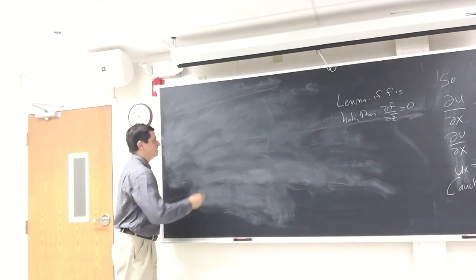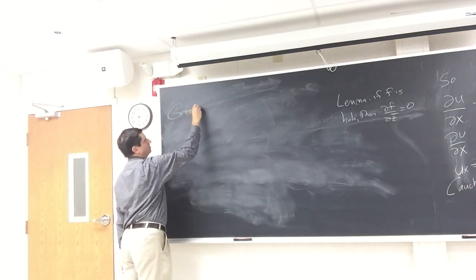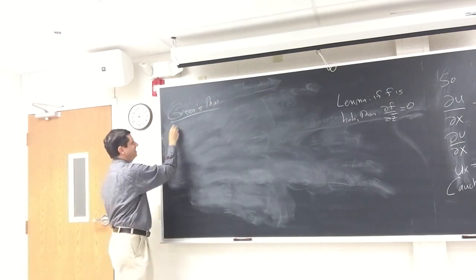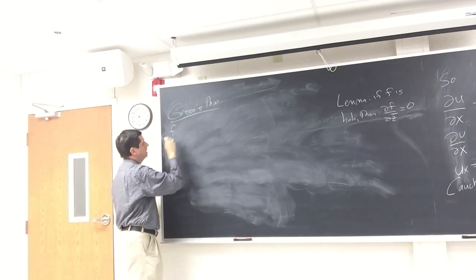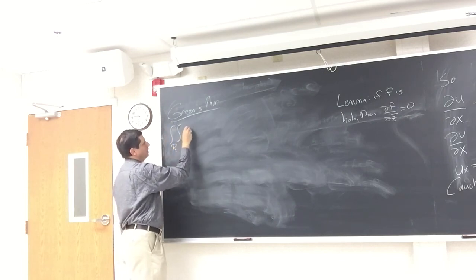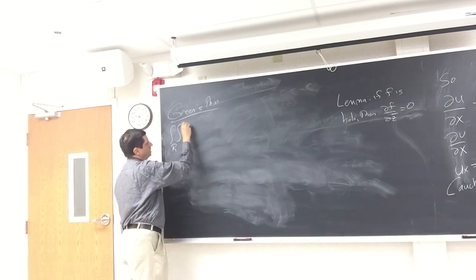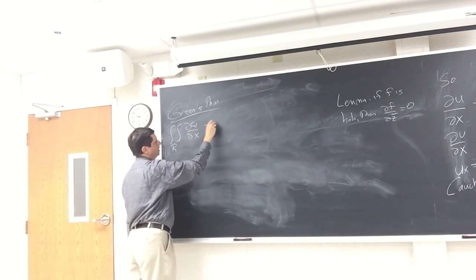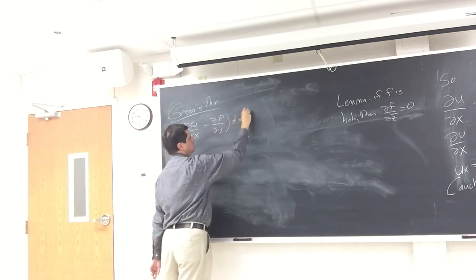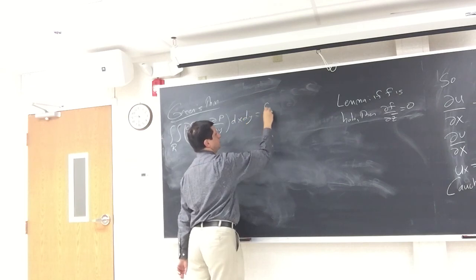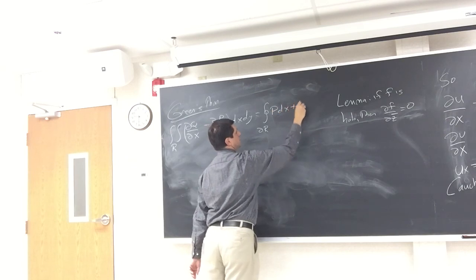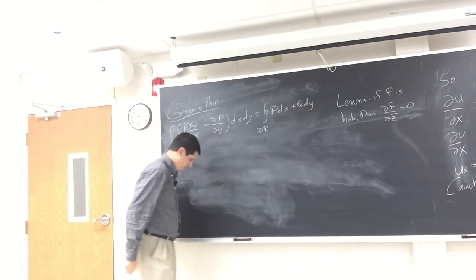So what is Green's theorem? Does anybody remember the statement? We'll have some function, the integral over some region of dq dx minus dp dy is equal to the line integral along the boundary of the region of p dx plus q dy.